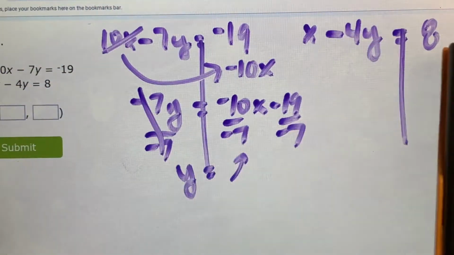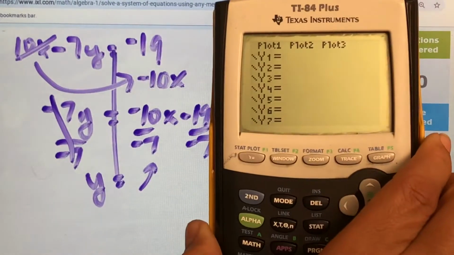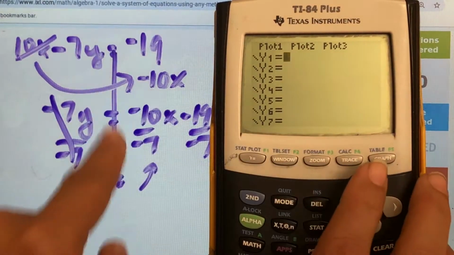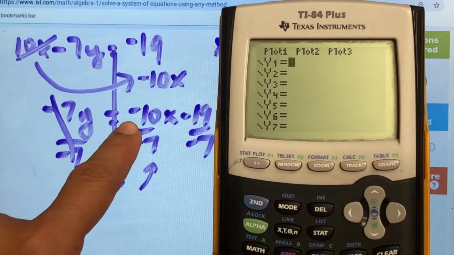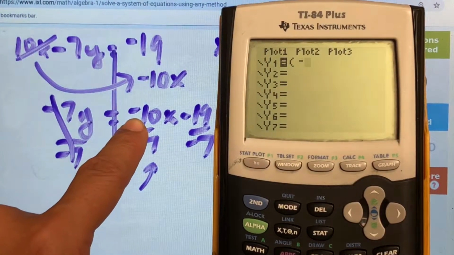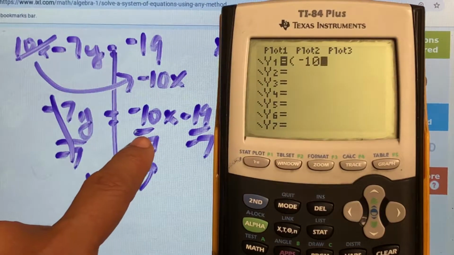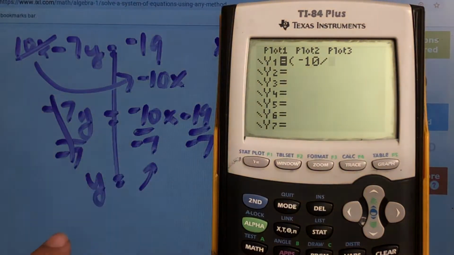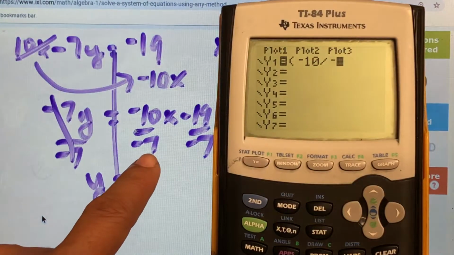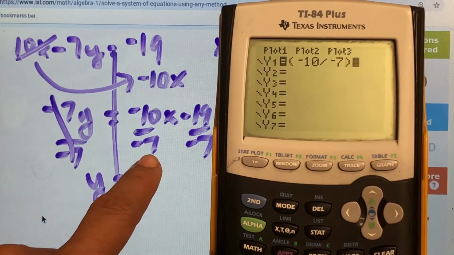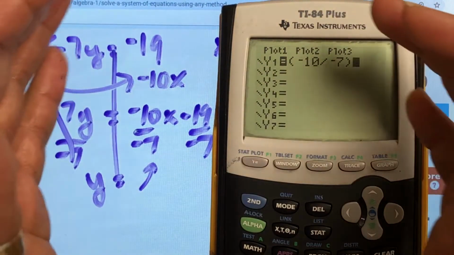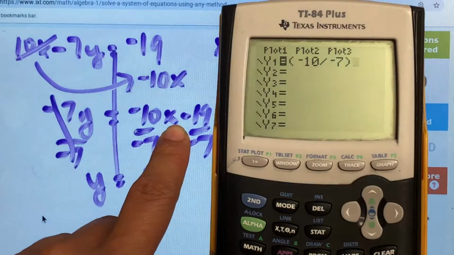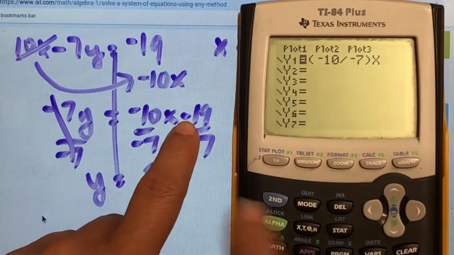Okay, so I'm going to take my calculator, and I have y equals, and I'm putting this whole thing in the calculator. So I'm going to put parentheses, a negative 10, and how do I say over? Divide by a negative 7. Close the parentheses. So that's the fraction with all the signs. And then I put an x, and then I have to put a symbol here.